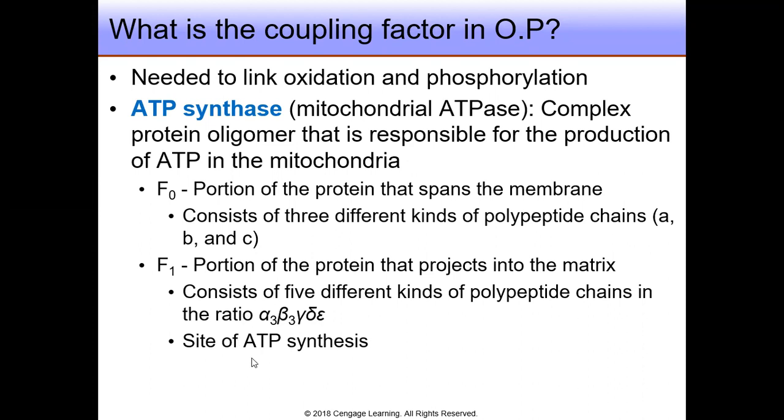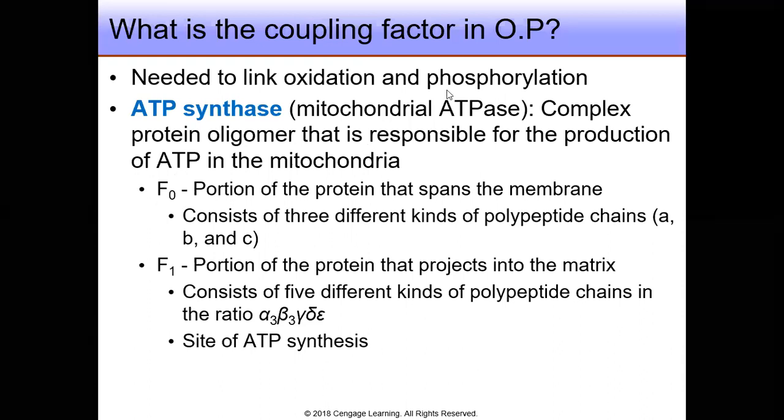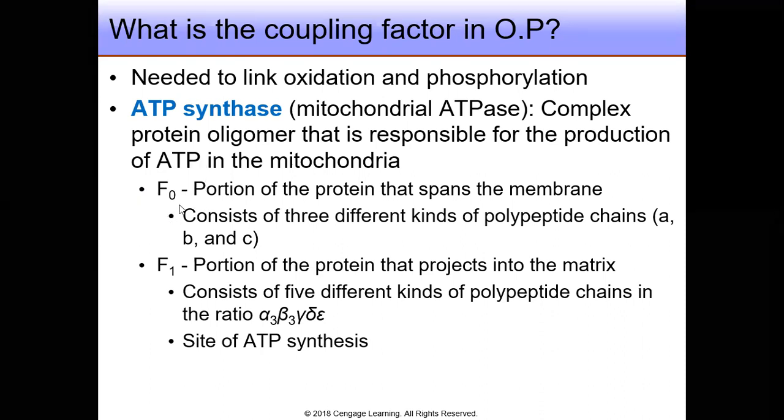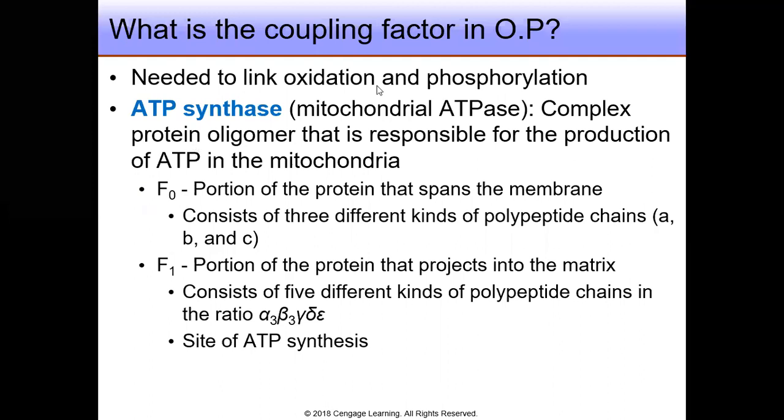This is the site of ATP synthesis, whereas FO is the site where protons enter. Then protons return to the matrix through the FO unit of the ATP synthase.